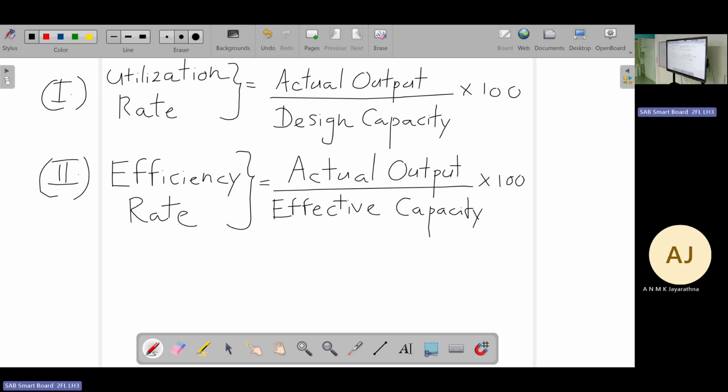Second requirement, calculate the capacity utilization rate and efficiency rate of ABC company. Quickly calculate.